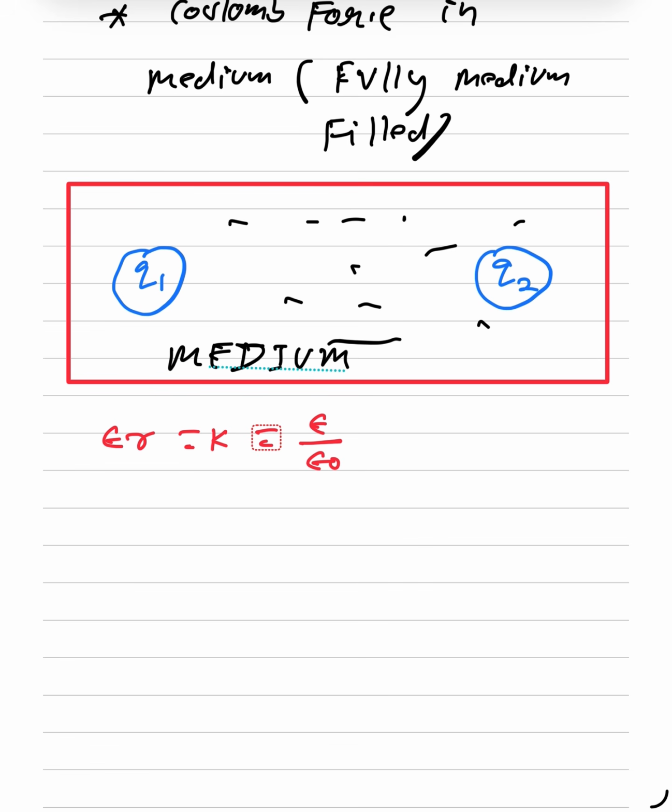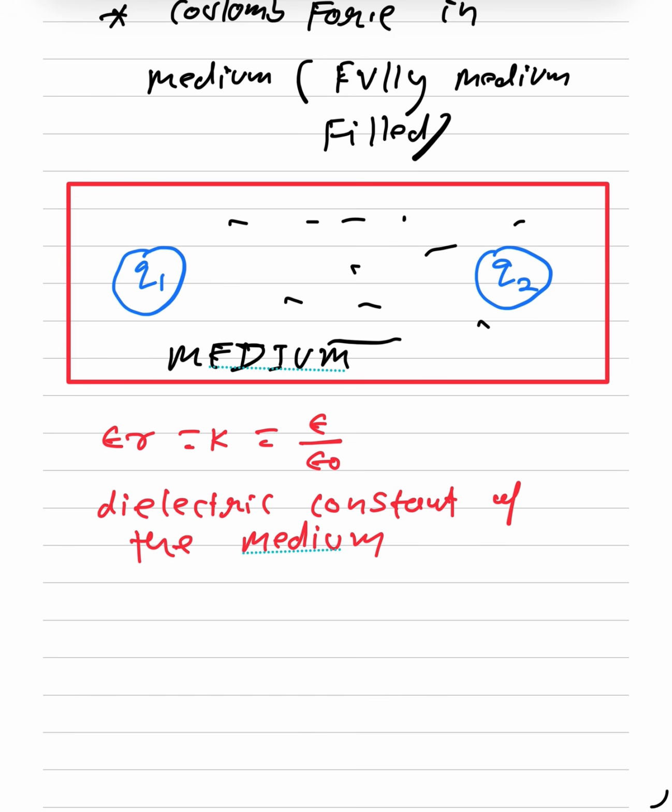Epsilon is the permittivity of the medium and epsilon naught is the permittivity of free space. This is the dielectric constant of the medium.